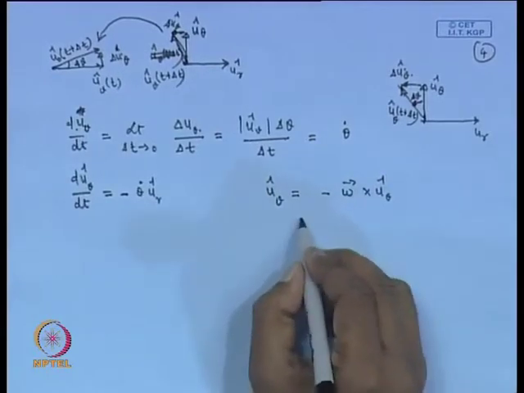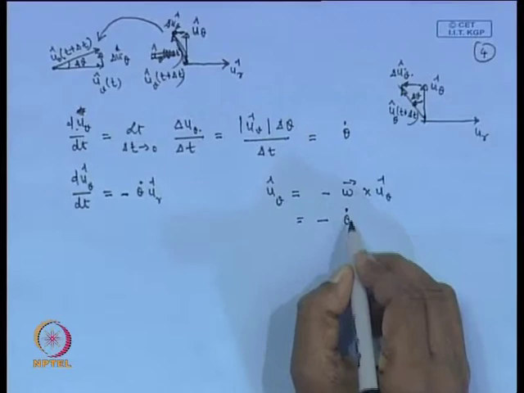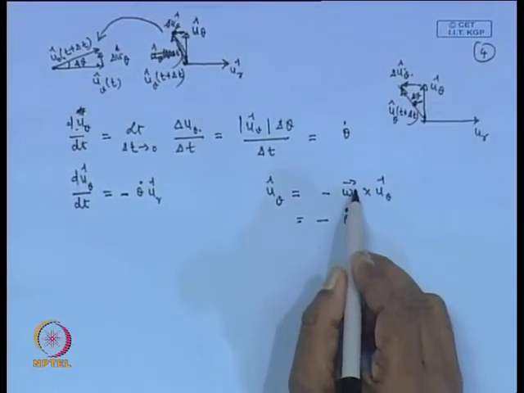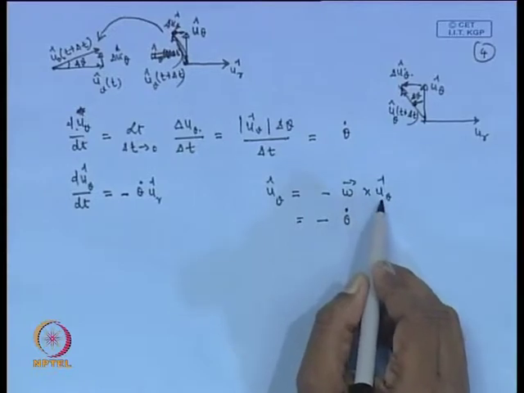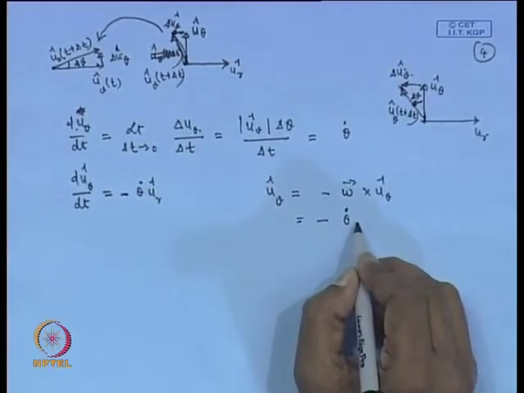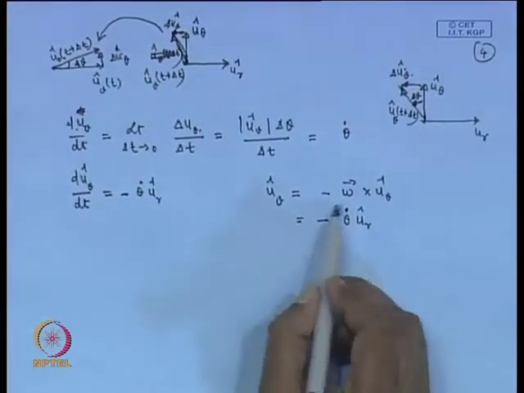Okay. So, omega is nothing but here theta dot, and a corresponding vector which will be perpendicular to both theta and u r. So, this will give us theta dot times u r cap. Okay. This can be easily seen from here.